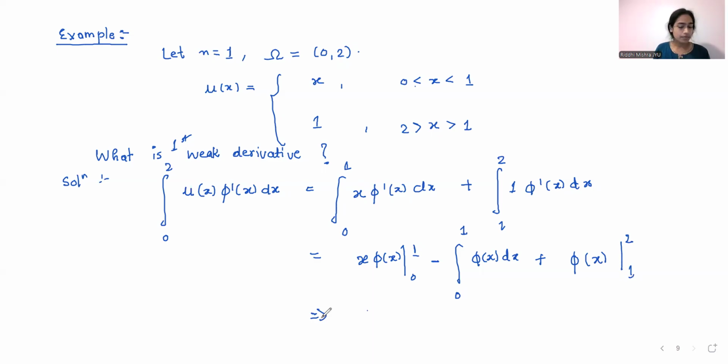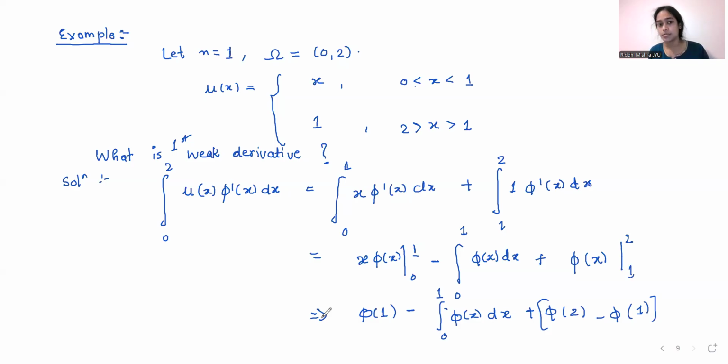So phi(1) minus the integral from 0 to 1 of phi, plus phi(2) minus phi(1). Since phi is compactly supported, it vanishes at the boundary, and 2 is the boundary, so phi(2) will be 0. This implies that we only get minus the integral from 0 to 1 of phi(x) dx.